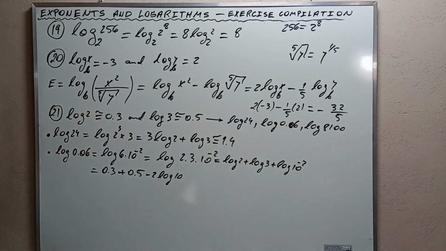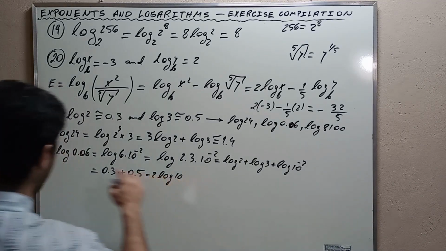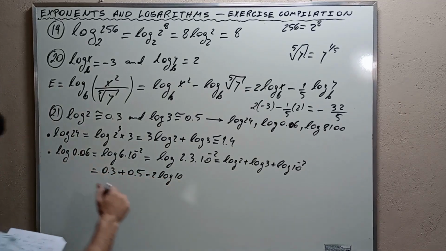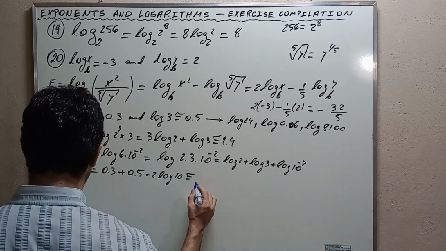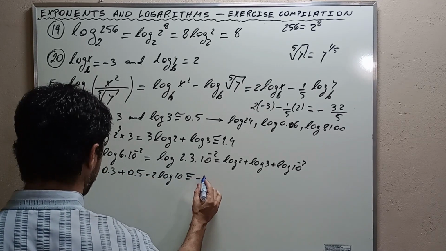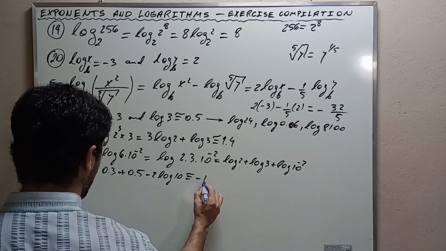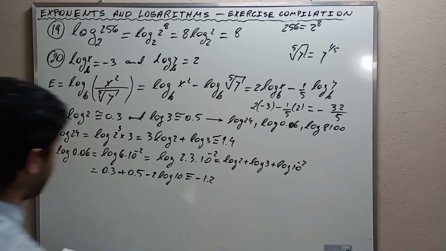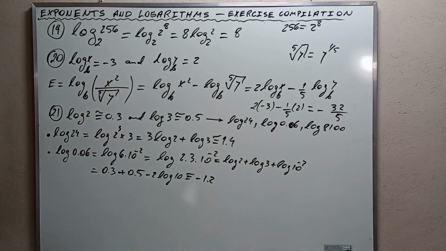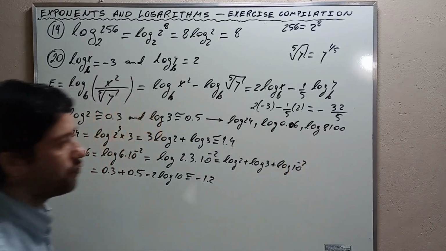The logarithm of 10 base 10 is simply 1. And then we find that the logarithm of 0.06 is approximately equal to negative 1.2. Okay, negative 1.2.